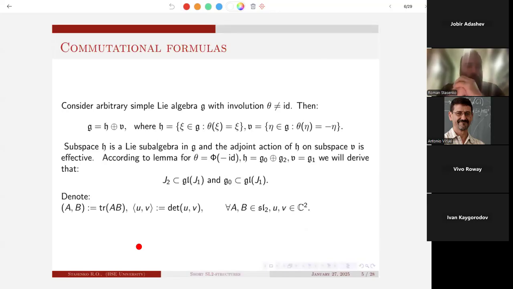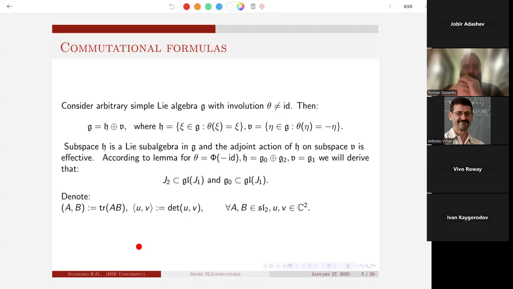Now, using these commutator relations, we can derive the commutative formulas in the algebra G, which can help us to understand what G1 and G2 are.